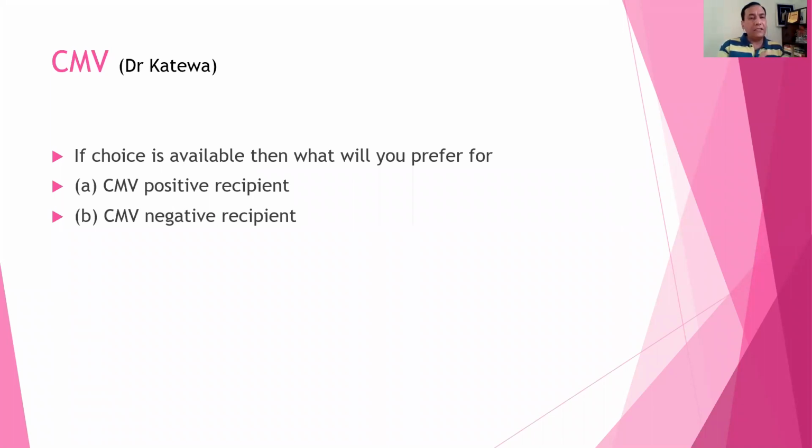So for any CMV negative patient, please go and somehow search for a negative donor. It's difficult, but if it is not possible, then there is a suggestion from a paper in Blood about cord blood transplants. The author's name is Milano, and that was in 2009 or 2006, I don't remember, in the Blood journal.